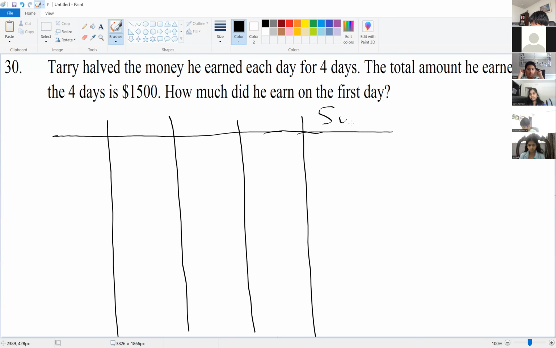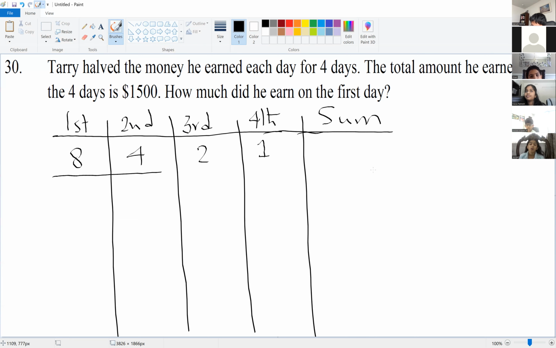Okay, so I'm going to show you another method. So let's say this is 4th day, 3rd day, 2nd day, and 1st day, correct? Terry halves the money he earned each day for 4 days, right? Yeah. So if the 4th day is 1, this would be 2, this would be 4, and this would be 8. What is the sum? 15.